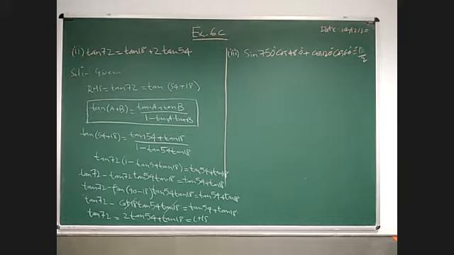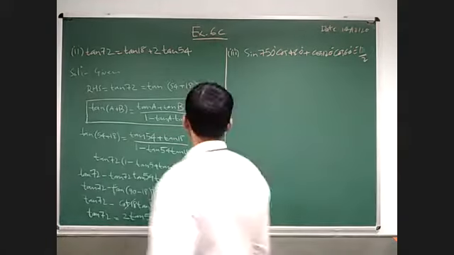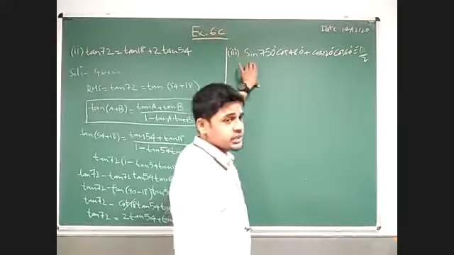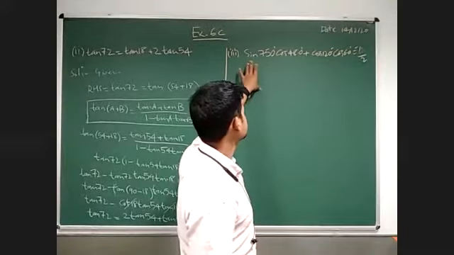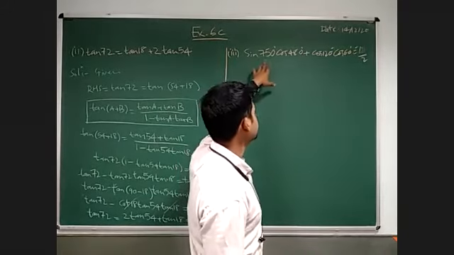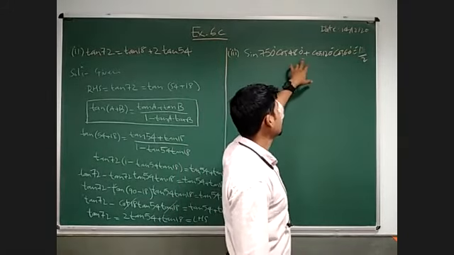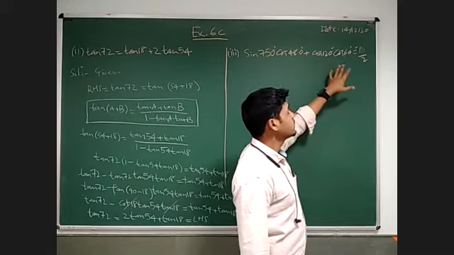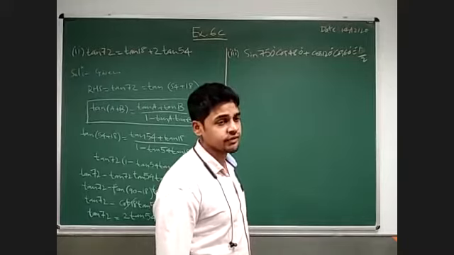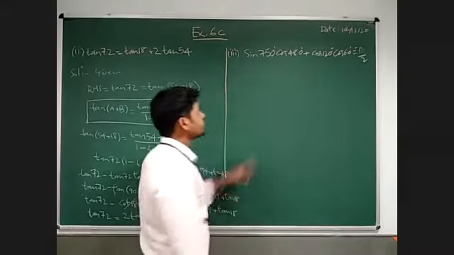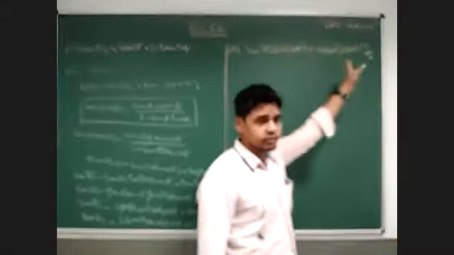Okay, now just see the next question. The next question is quite similar. We have done it in the previous class. So the question is, we have to prove sin 750 cos 480 plus cos 120 cos 60 is equal to minus half. Either we have to take the left hand side or the right hand side.